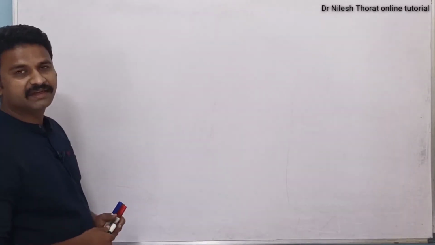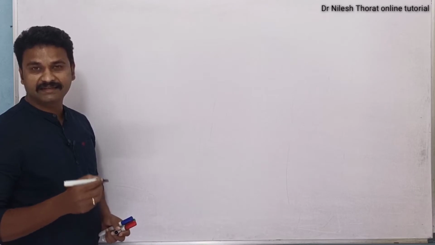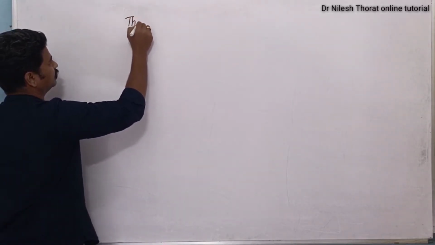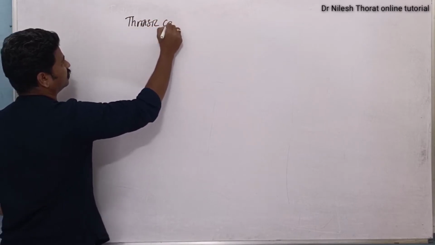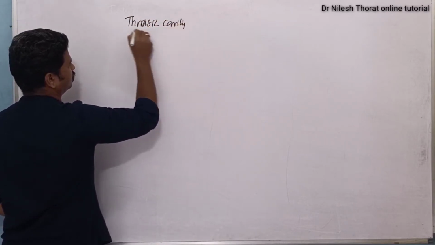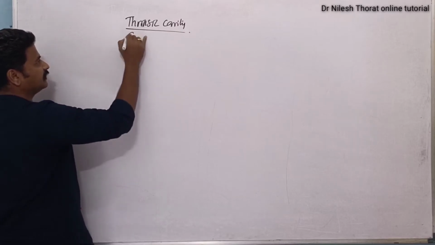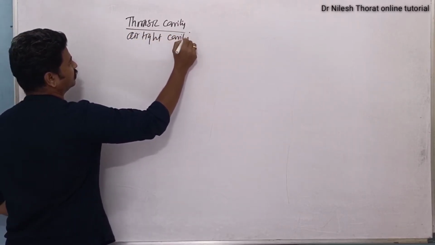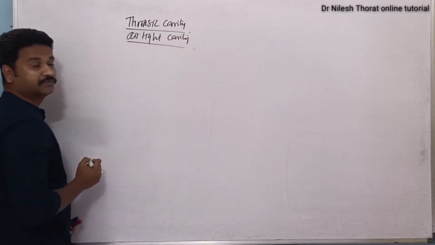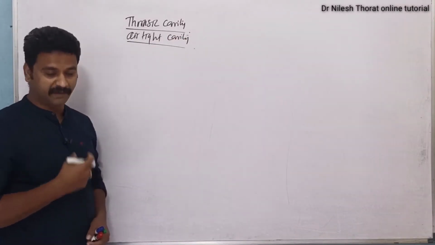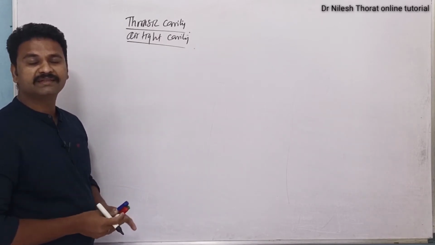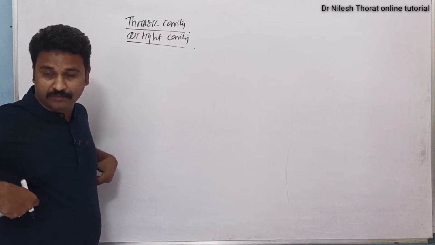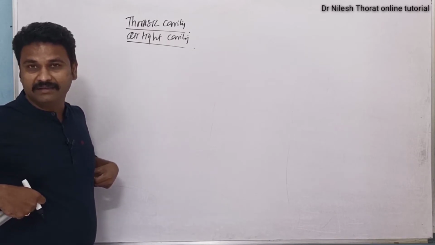As we have mentioned, the lungs are situated inside the thoracic cavity. So firstly, the thoracic cavity is an airtight cavity which is formed on the anterior side by the sternum. On the posterior side we have our vertebral column, and on both lateral sides we have the ribs.